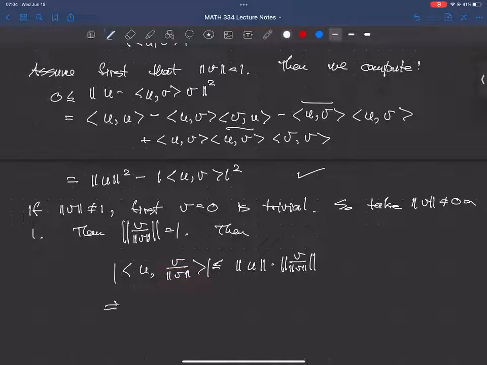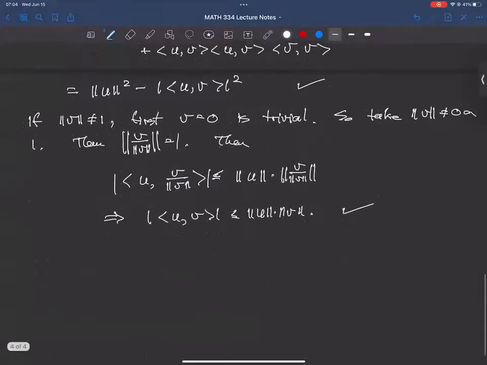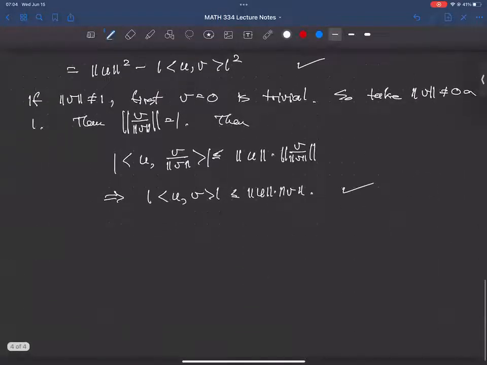So the point is, after an elementary manipulation, I get exactly what I want. Okay. All right, so that's the Cauchy-Schwarz inequality in general.